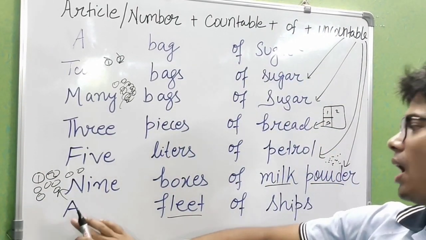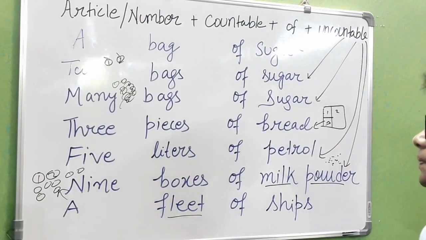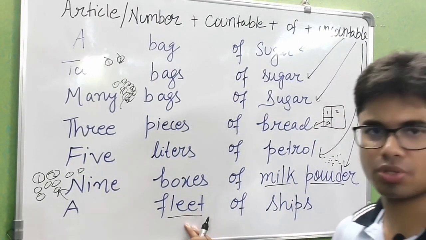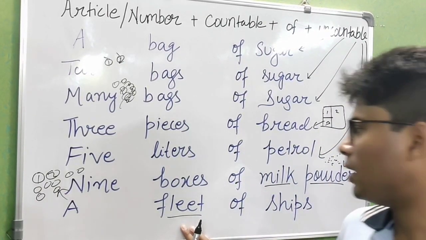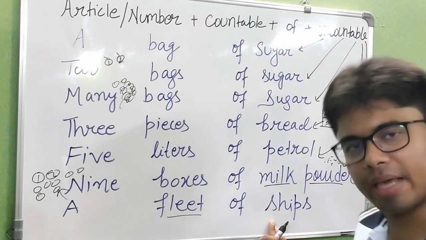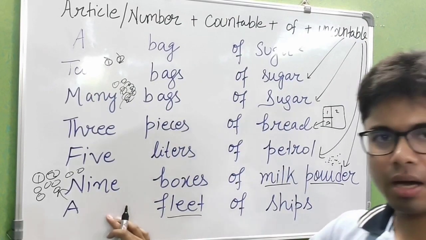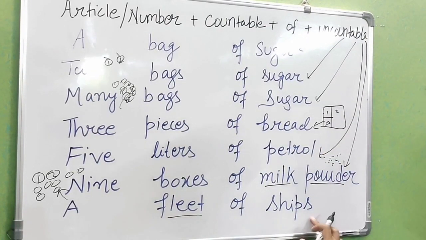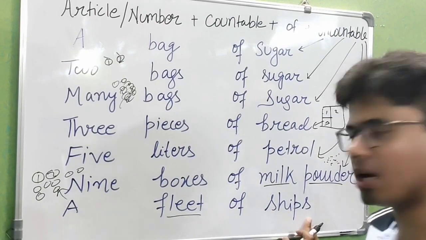And then there is a fleet of ships. A fleet of ships. So here fleet is used in order to say about any of the automobile things, like fleet is applicable for ships, for aircrafts, anything. A fleet of aircrafts, a fleet of ships. This is what? Ships you can count, 1, 2, 3, 4, 5, 6, 7, 8, 9, 10, you can count, okay.